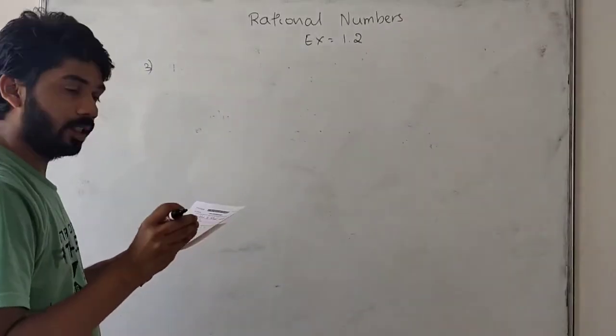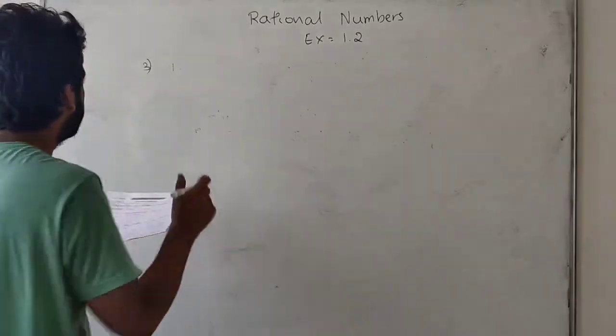So the third one: write 5 rational numbers which are smaller than 2.